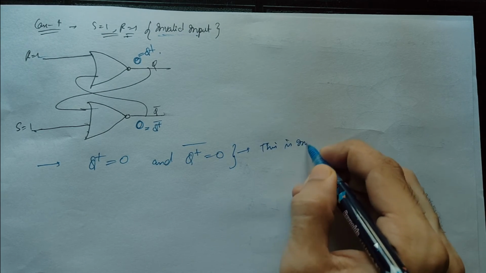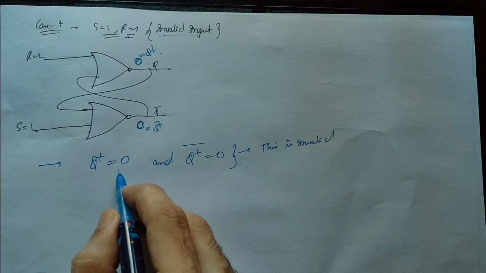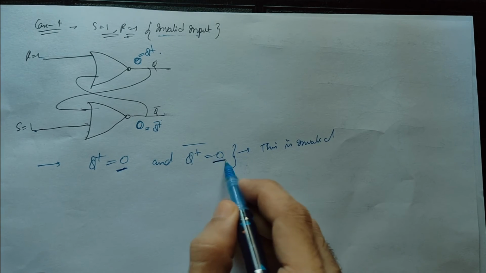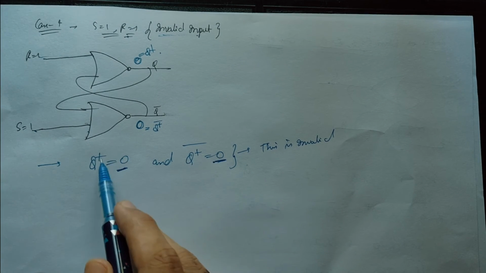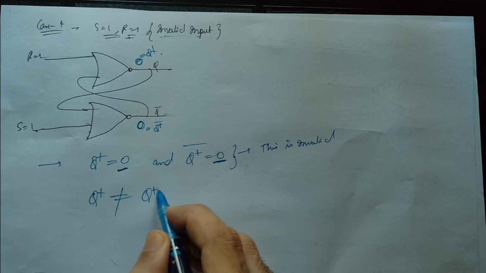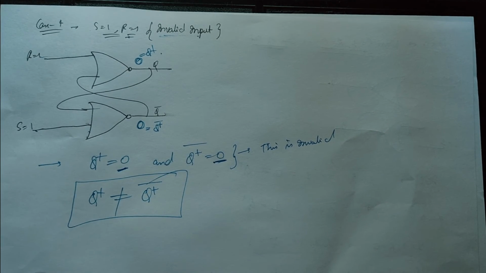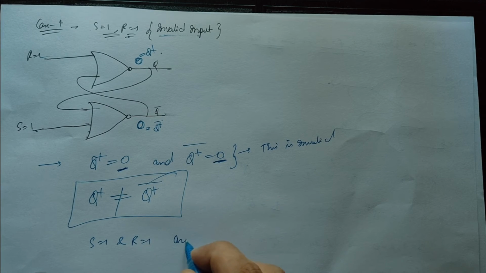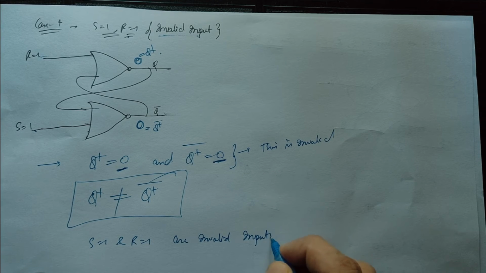Now we can see Q plus is equal to 0 and Q plus bar is equal to 0. This is invalid. Why? The complement of 0 cannot be 0, it should be 1. So Q plus cannot be equal to Q plus bar. So S equals 1 and R equals 1 are invalid inputs in case of NOR latch.